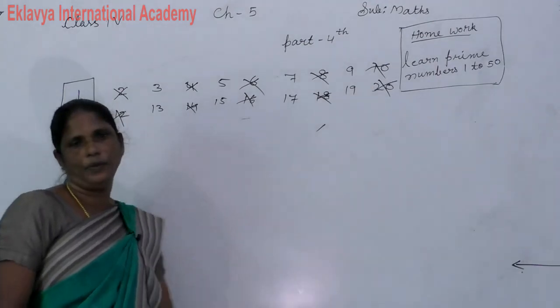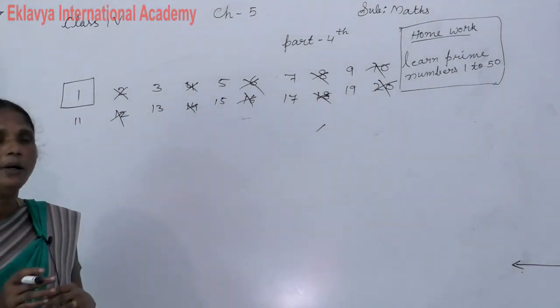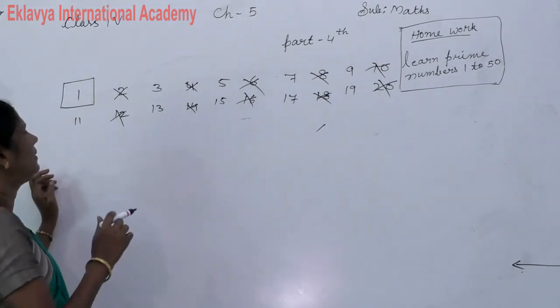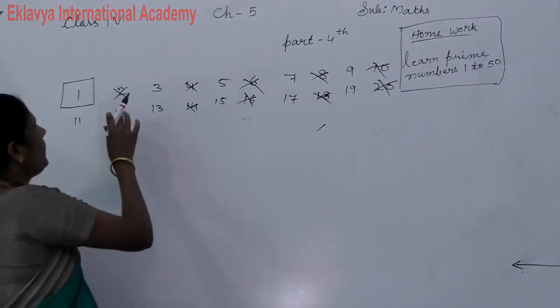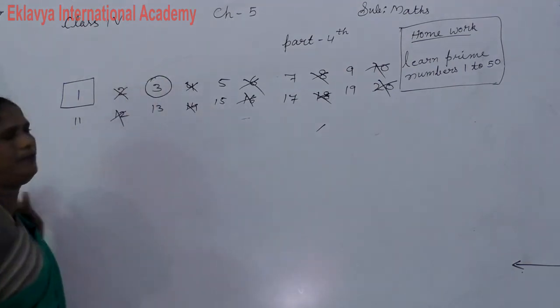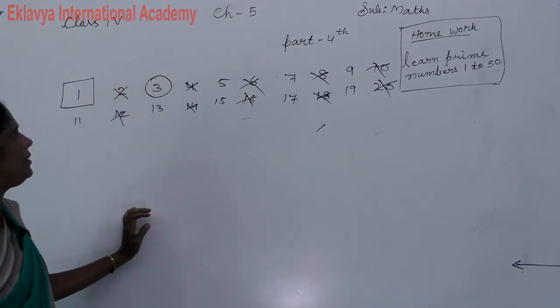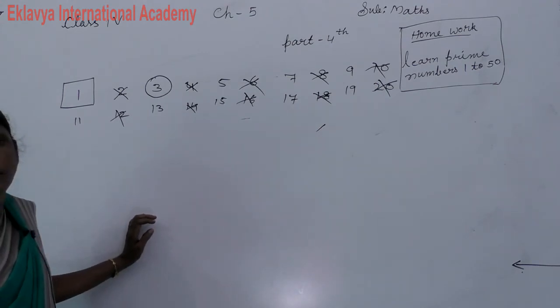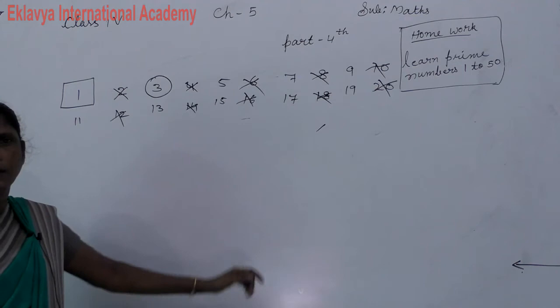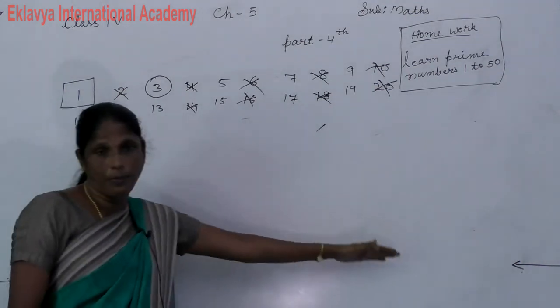Then you cut the table of 3. First you circle the 3. Then you cut the table of 3. Understand? Then up to 100.